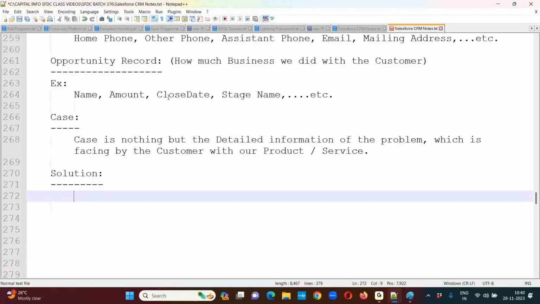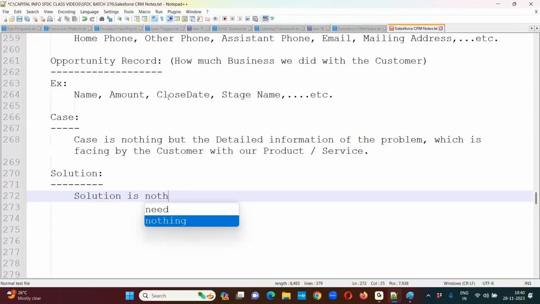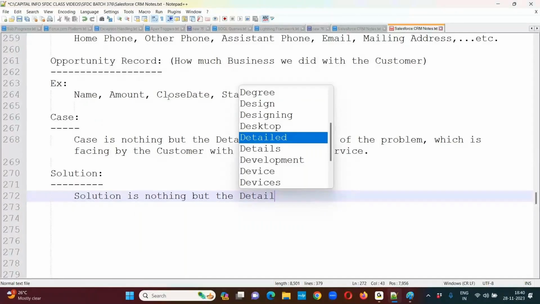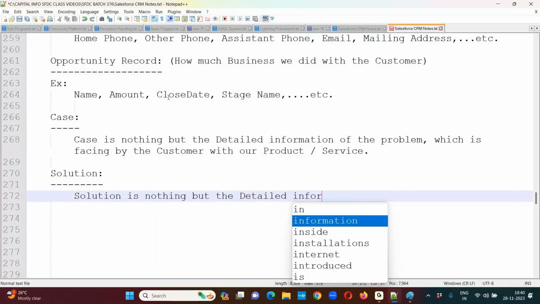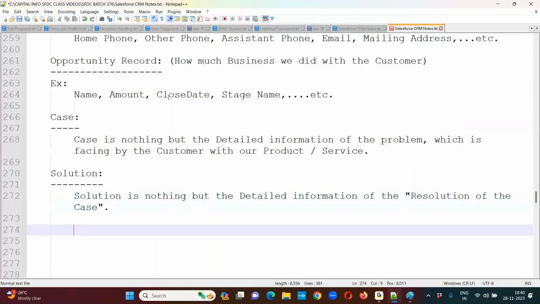Okay, now let's see. Solution is nothing but the detailed information of the resolution of the case.